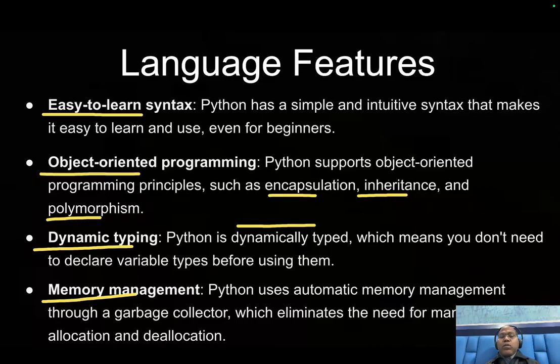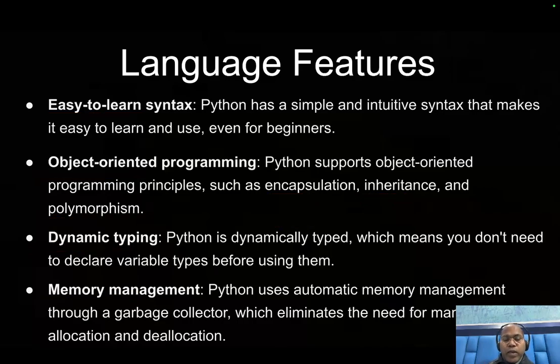If you learn the C language, we manually allocate and deallocate memory for our applications. In Python, all this memory management is taken care of by the language itself. You don't have to bother about how to manage the memory for your application.